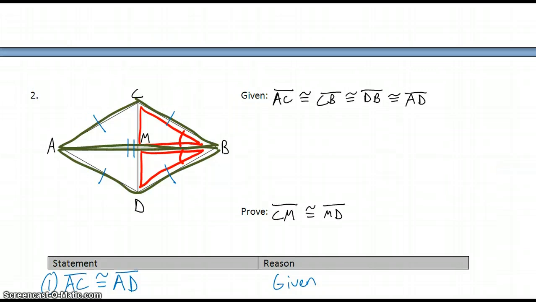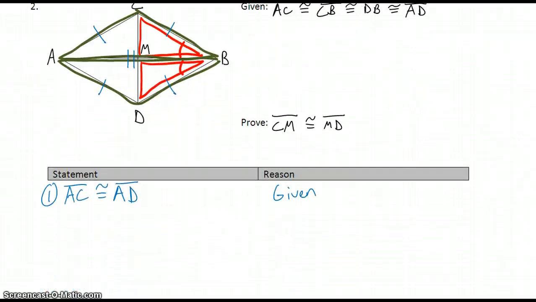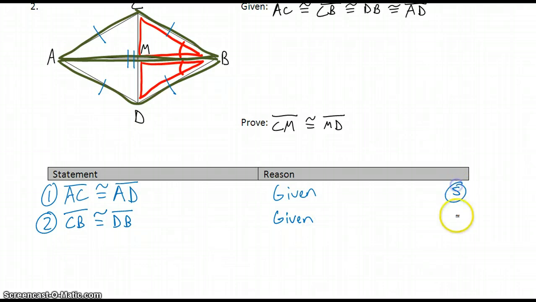I can use that given because AC is congruent to AD. CB is congruent to DB. That's a second given. Both of those give me pairs of congruent sides for my green triangles. Now I need a third pair of congruent sides.